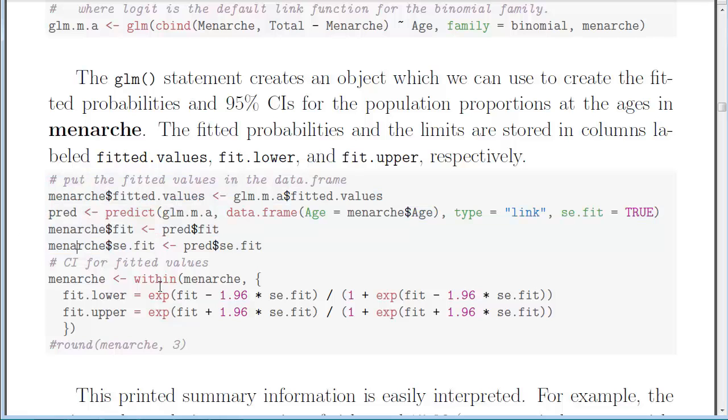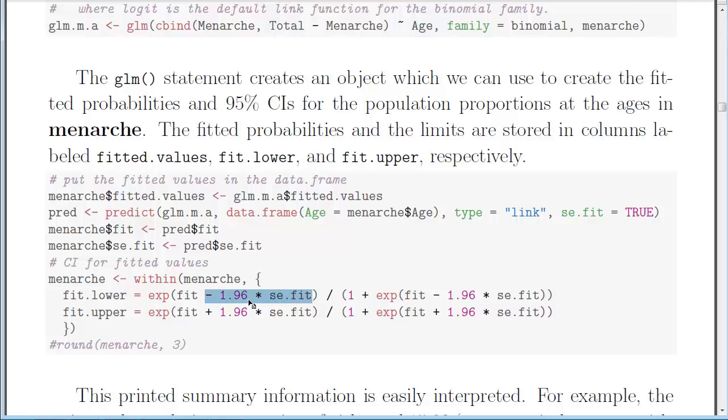Then I'm also going to calculate the confidence intervals on the probability scale for every age. So I'm going to put in the fitted values. So fit here is going to be on the probability scale, something like 0.5, 0.8, numbers like that. And I'm going to add to that plus or minus 2 standard deviations, or 1.96. 1.96 comes from the normal distribution.